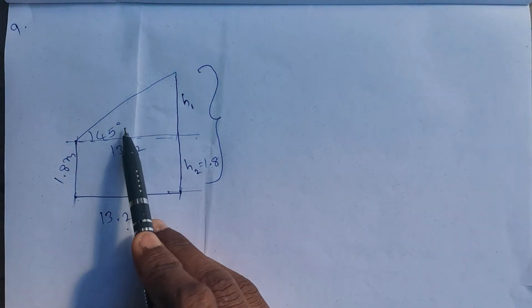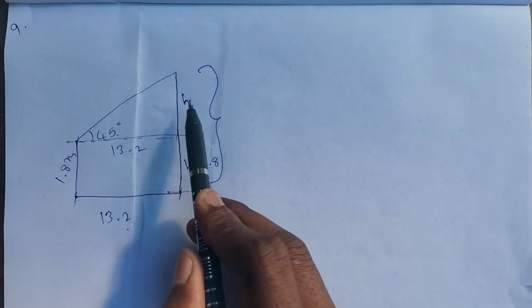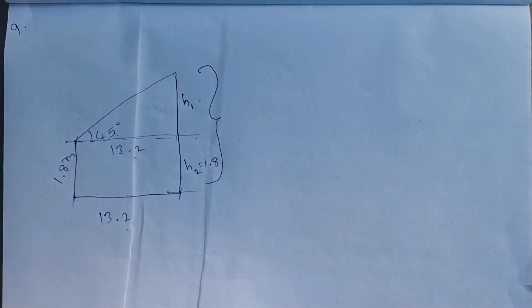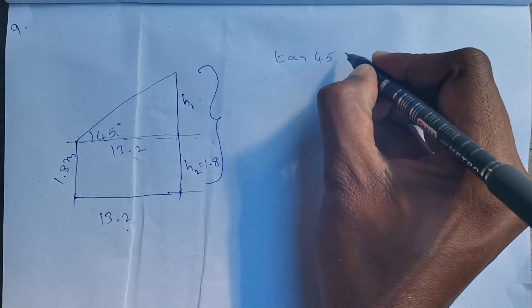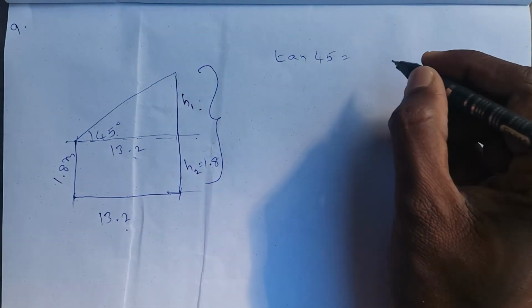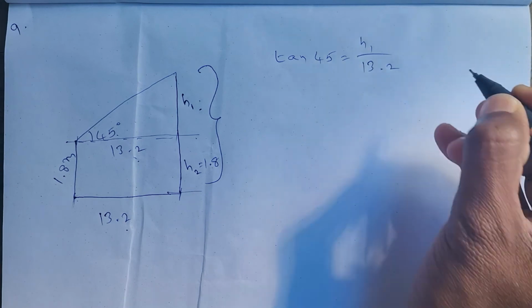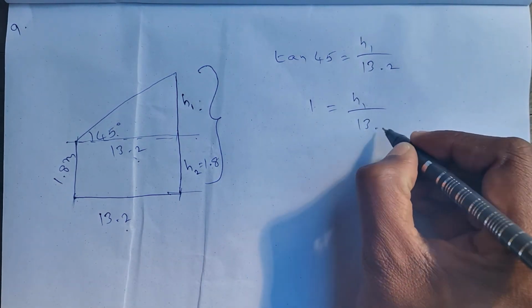Okay, now consider this upper triangle. Angle, opposite, adjacent. That is tan. So tan 45 is equal to opposite H1 by adjacent 13.2. Tan 45 is 1, which is equal to H1 by 13.2.